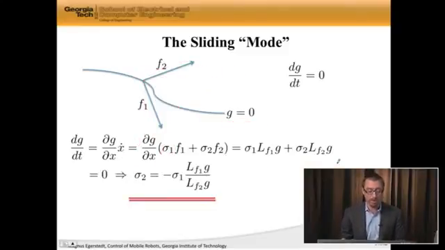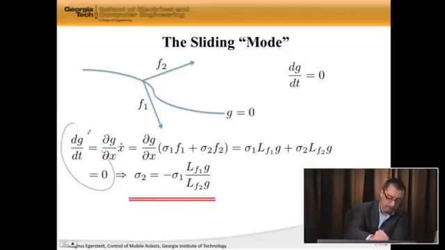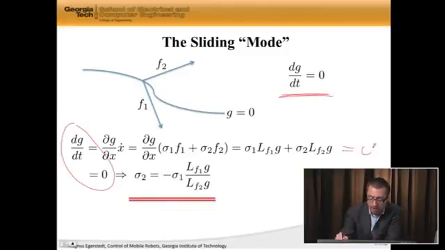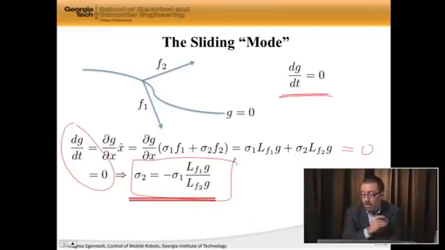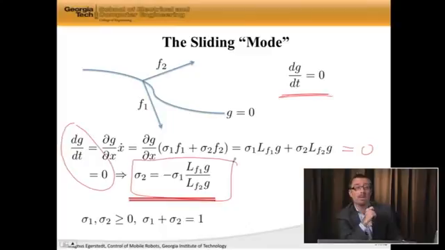So that's what the time derivative of g actually is. But I want that to be equal to 0. This needs to be equal to 0 because that was our condition. So if I put this thing equal to 0, then I can solve, for instance, for sigma 2, and I get this expression right here. So I know how sigma 2 is going to depend on sigma 1. Well, that's a good start.